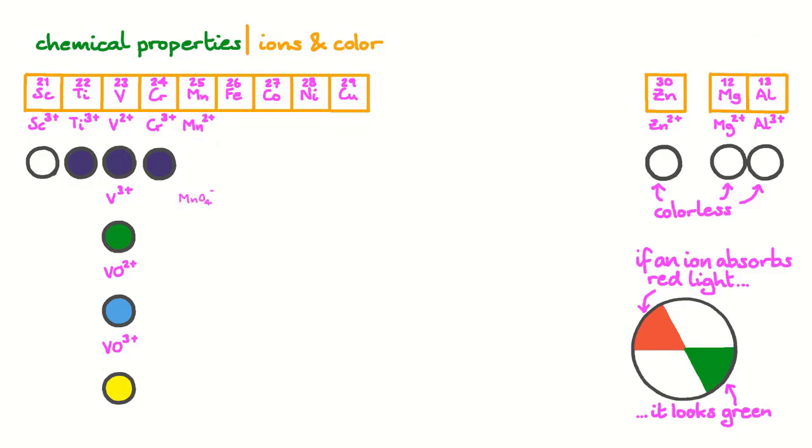Manganese can form a huge variety of coloured compounds, but I'm only going to include those you'll probably come across in solution. The Mn2+ ion makes solutions a pale pink, while solutions of the permanganate ion, MnO4-, are an intense purple. The most common ions of iron are Fe2+ and Fe3+.